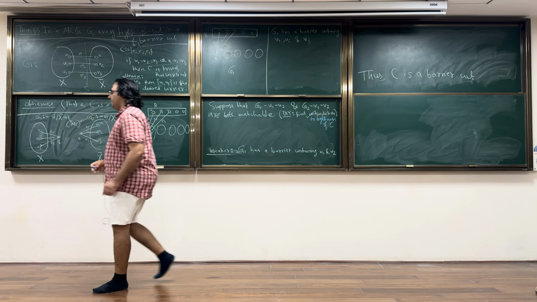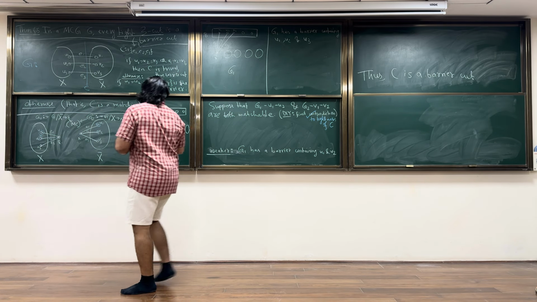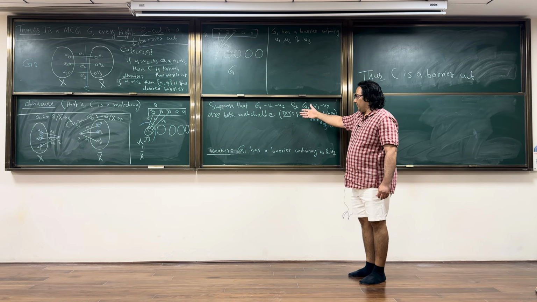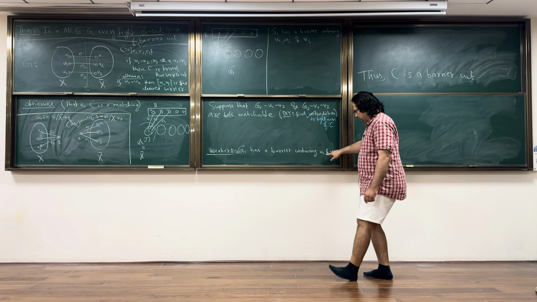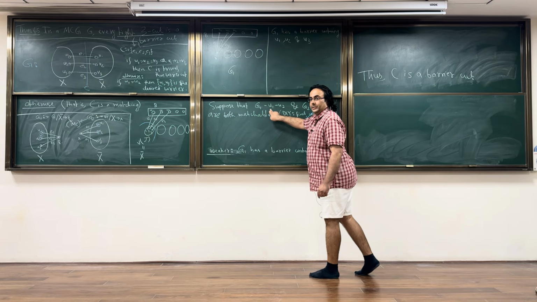So this is done. So let us assume without loss of generality that one of these two graphs does not have a perfect matching, is not matchable. So of course, based on my earlier goal, I will assume this graph is not matchable.